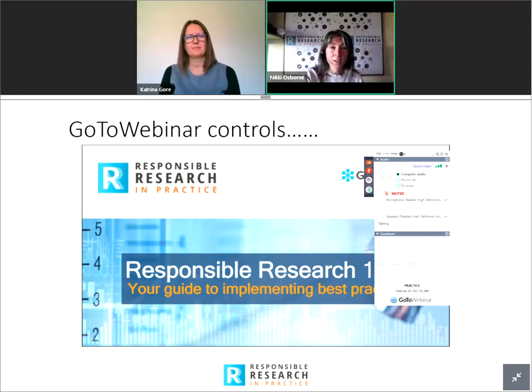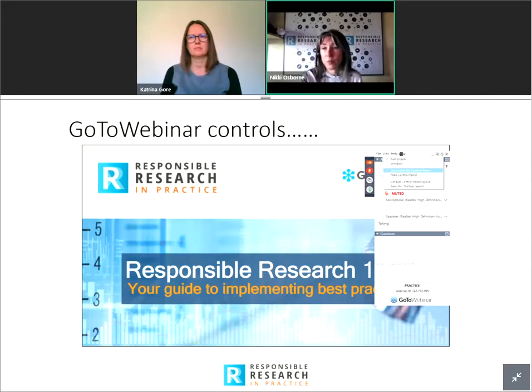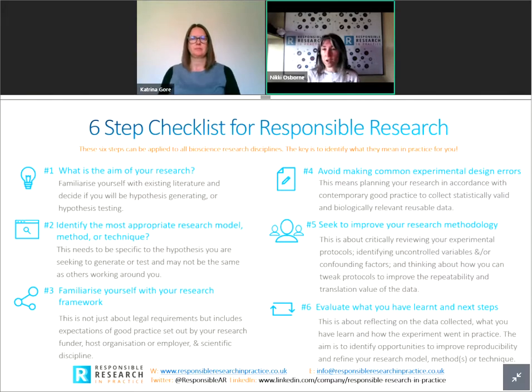So as you hopefully are all aware, these webinars are designed to relate to the 6-step checklist for responsible research that forms the framework and the foundation for a lot of the training courses that we run here at Responsible Research in Practice.